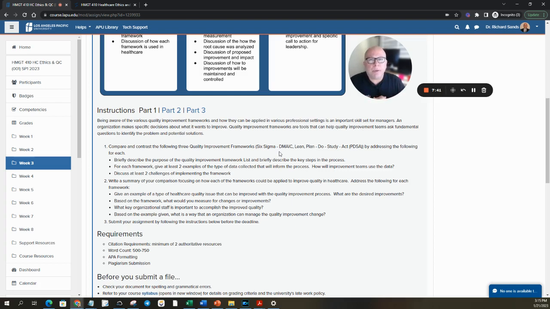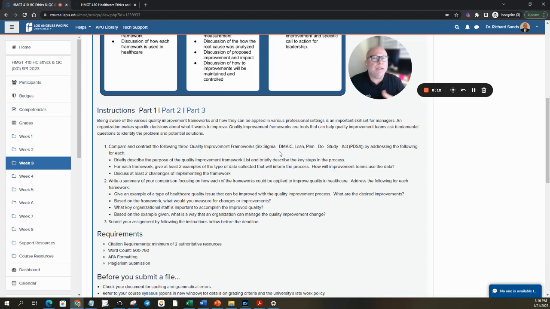You'll also hear the term a lot of times, Lean Six Sigma, and what that means is it's taking the key aspects of Lean, where you want to reduce waste, and Six Sigma's defect reduction. So over time, it has evolved to Lean Six Sigma. But back to here. So Six Sigma DMAIC, that's one framework.